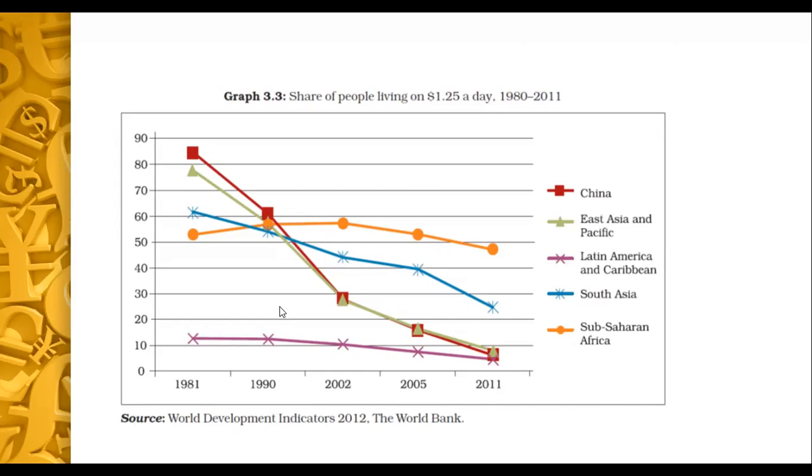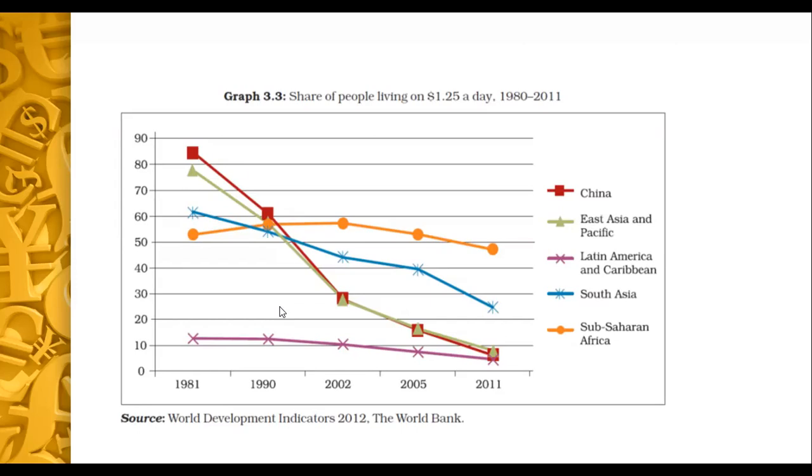Poverty declined substantially in China and Southeastern Asian countries because of rapid economic growth and massive investments in human resource development. The number of poor in China has come down from 85% to 14%. In 2011 it was only 6%.